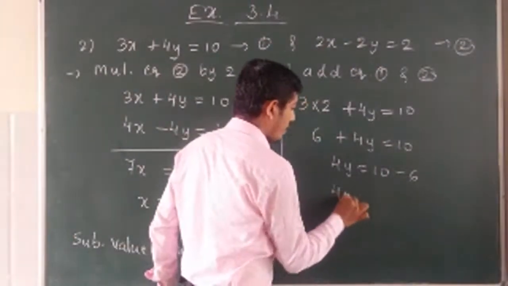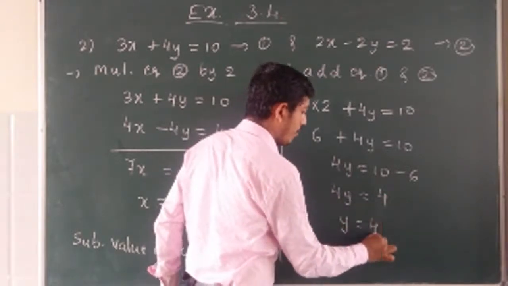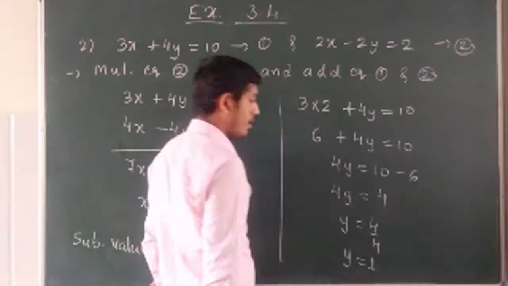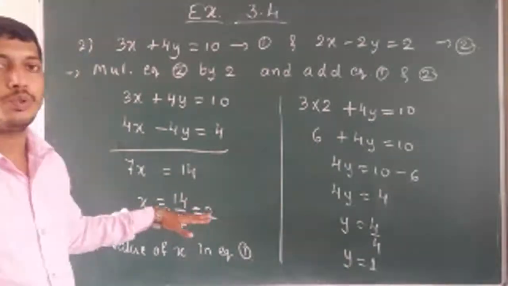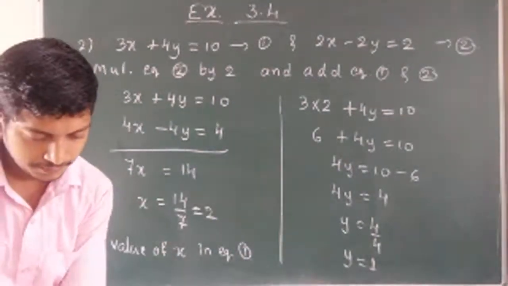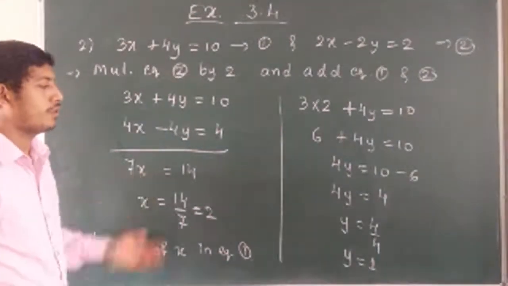Then 4y equals 4. Then the value of y becomes 4 by 4, that is the value of y is 1. So therefore by elimination method we got the value of x as 2 and y as 1. Just look at the steps once again.